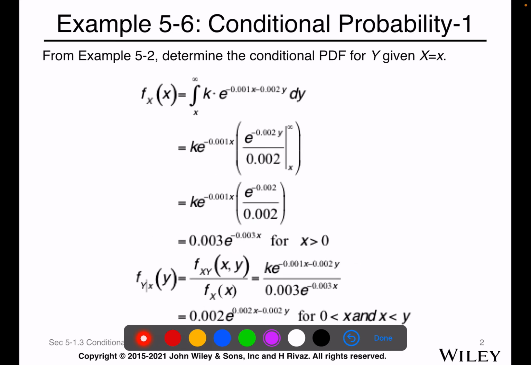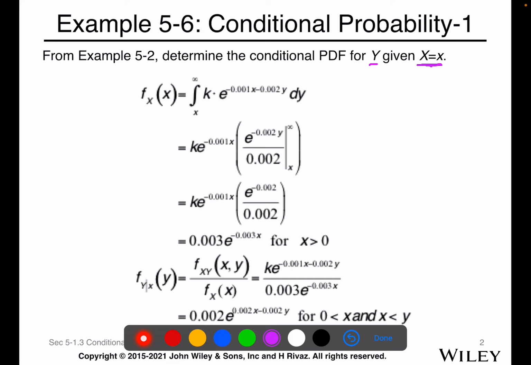We already reviewed the concept of conditional probability, right? So if we want to calculate the conditional probability for Y given X is equal to X, I mentioned that it's incorrect to just plug in X equal to X into the joint PDF.